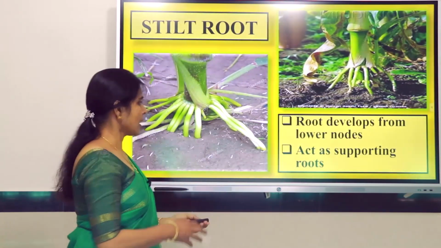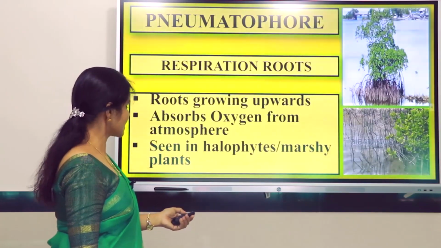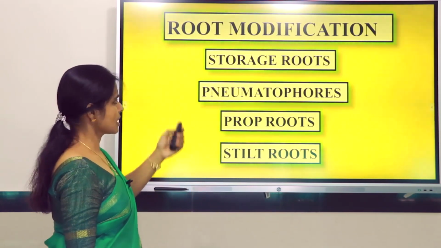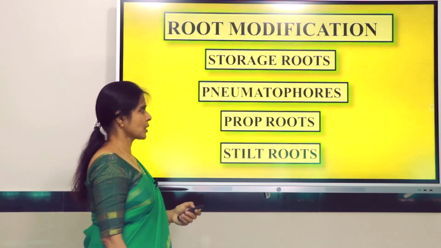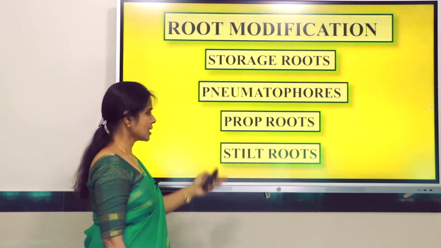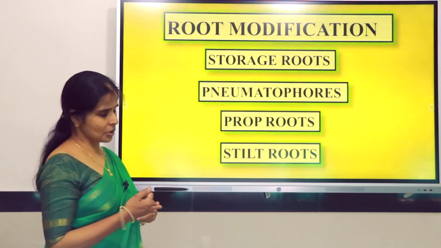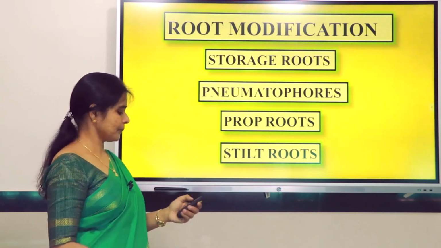So, these are certain root modifications we have seen, other than the normal functions of the root. Roots are modified for performing certain functions such as storage, respiration and support, which are classified as storage roots, pneumatophores, prop roots and stilt roots.